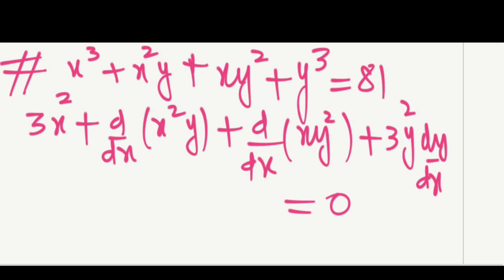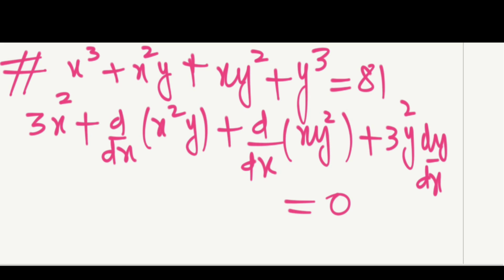Again plus the derivative of the two functions x into y square, plus the derivative of y cube, which is 3y square into dy by dx, equals the derivative of 81, that is 0, because 81 is a constant function.